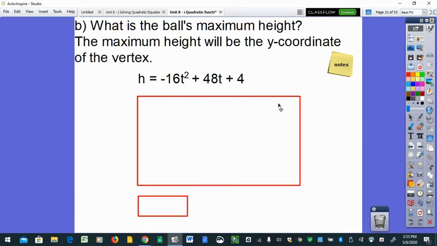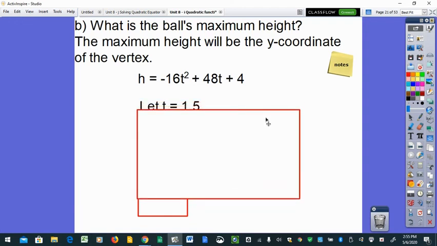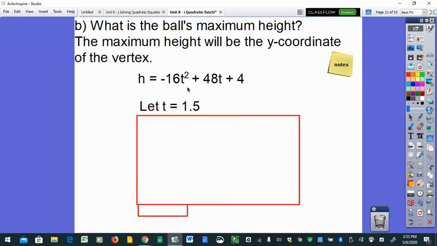Okay, guys, we need to find the y coordinate. We had already found the x coordinate, which in this case we're using t. Remember that science will often bring different variables in. In this case, t is our independent variable, which on the coordinate plane would be x, and h is the dependent variable, which again would be y.